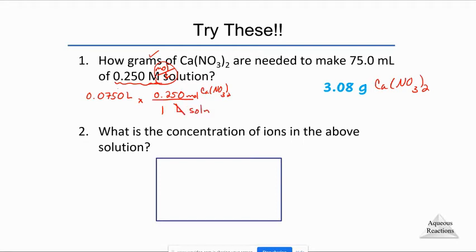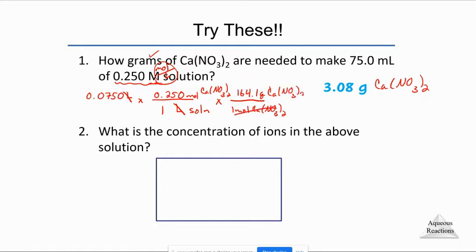That was my first step, to get rid of volume. Now I just have to use molar mass to get rid of moles. I know that 1 mole of calcium nitrate has a mass of approximately 164.1 grams of Ca(NO3)2.